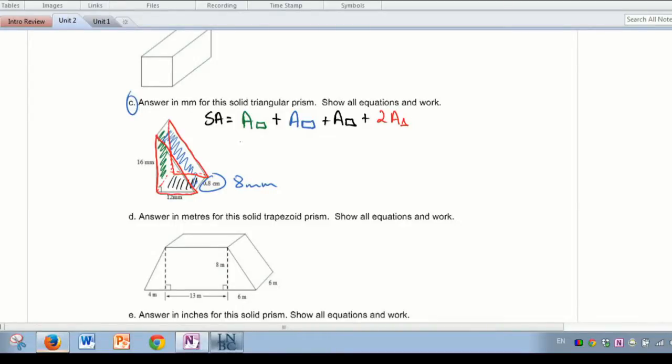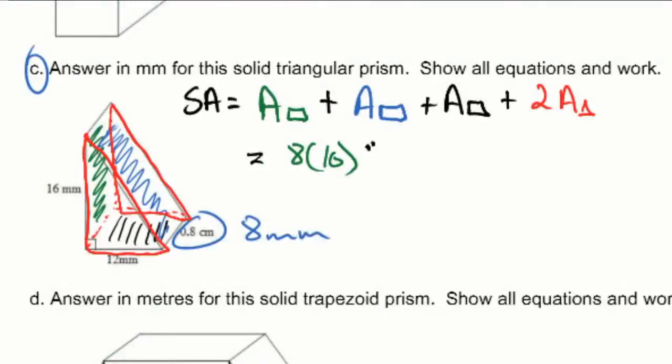Hopefully. I'm just going to go do this in one go. The green rectangle on the back, the length is 8 millimeters, and then the width is going to be 16. Now, if you're not doing these in the same order as me, again, it doesn't really matter. The blue one on the front, I don't know this length yet, so I'm going to have to calculate that using my Pythagorean theorem.